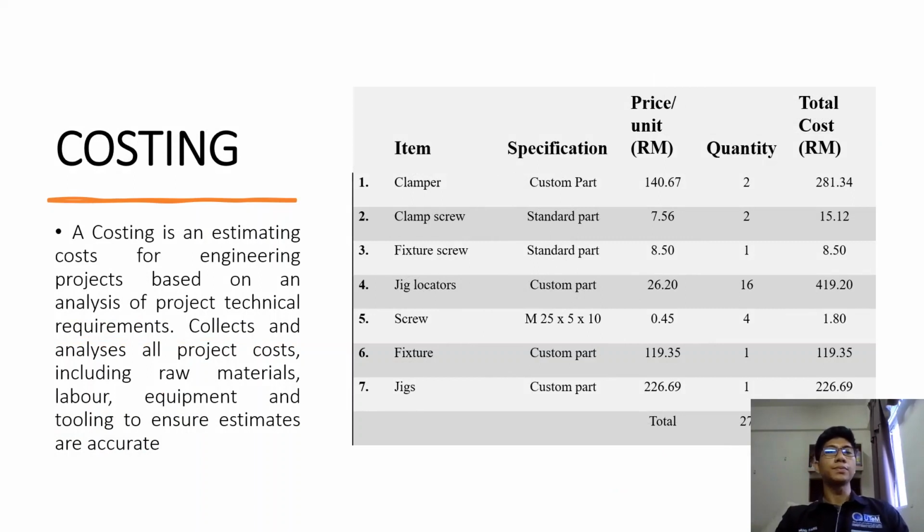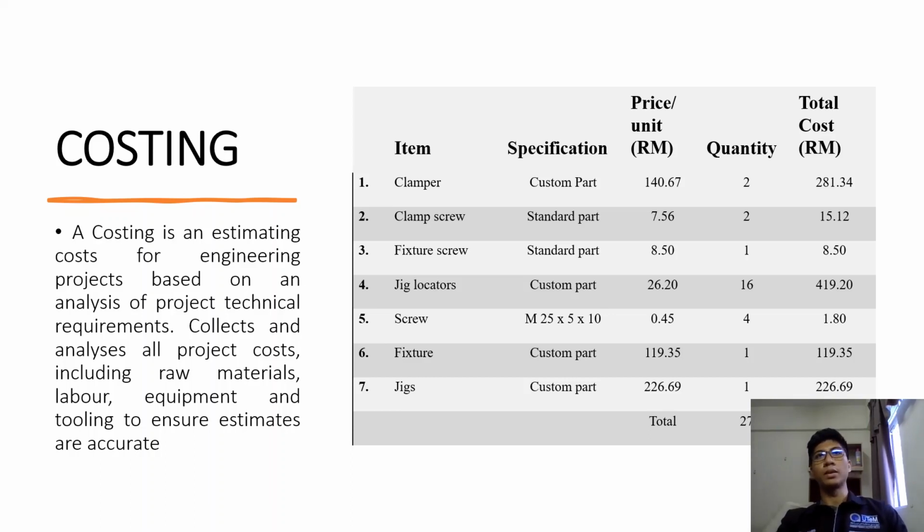Assalamualaikum. Generally, costing is an estimating cost for an engineering project based on an analysis of project technical requirements. So generally, a team will have to collect and analyze all the project costs, including raw material, labor, equipment, and tooling to ensure the estimates are accurate.